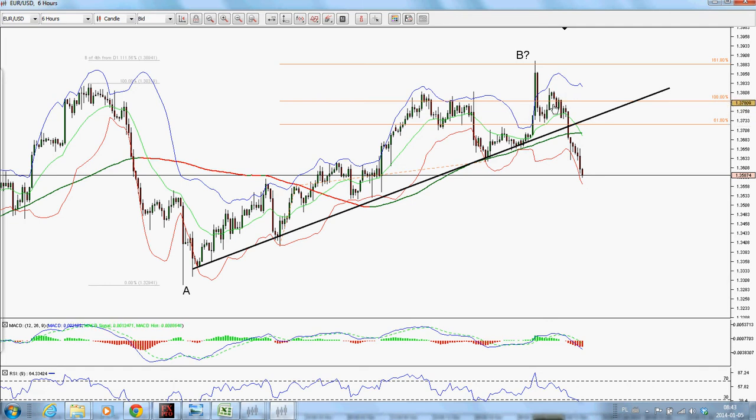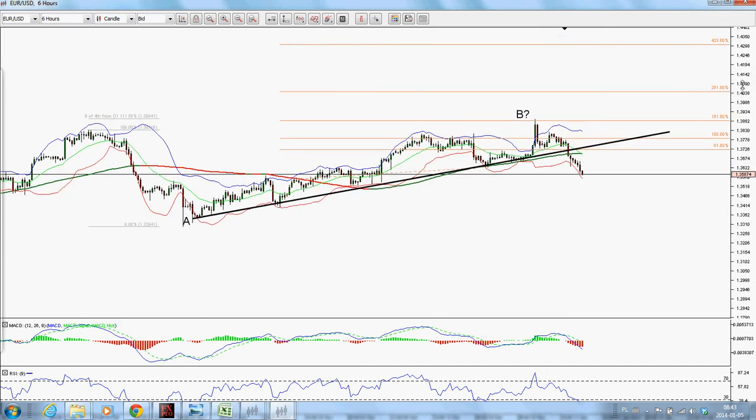There were high chances, because the market did 115% of this whole A movement, which is very typical for a B. B should be slightly higher. B could be 90% of A. B could be even 120, 123 or 138.2, which is very typical for a B development.